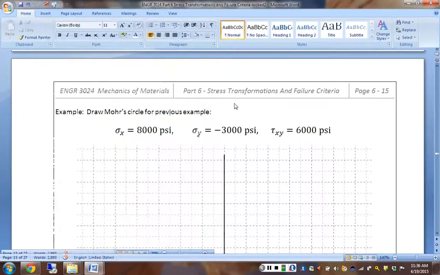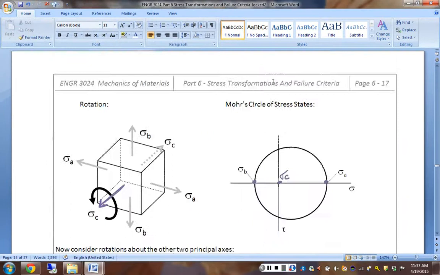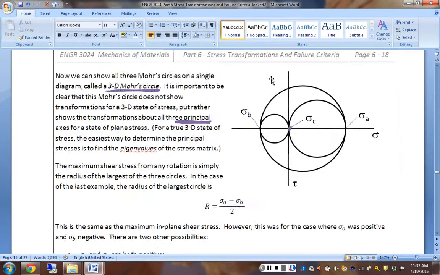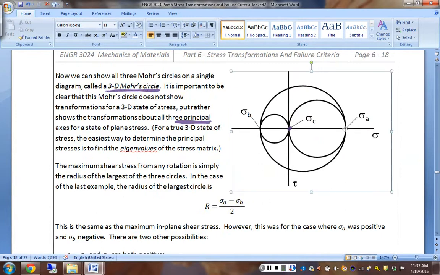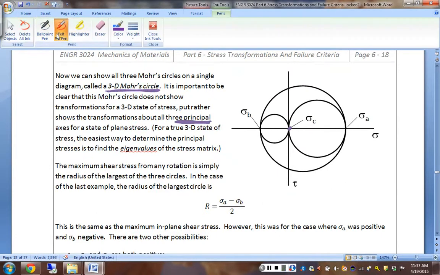In this case, sigma A minus sigma B over 2 gives you that value if sigma A and sigma B are opposite signs.